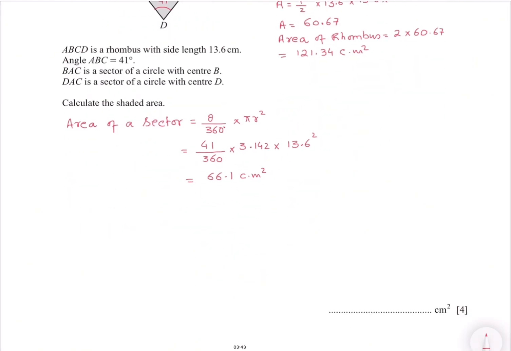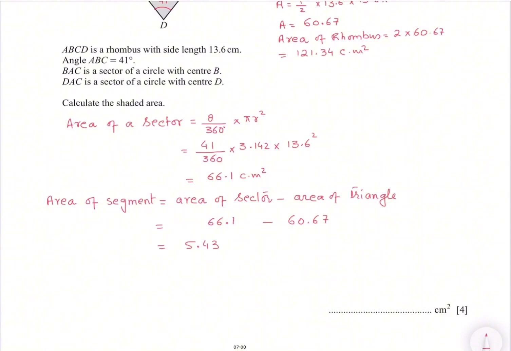So the area of segment equals area of sector minus area of triangle. So the area of sector is 66.1 and the area of triangle is 60.67.